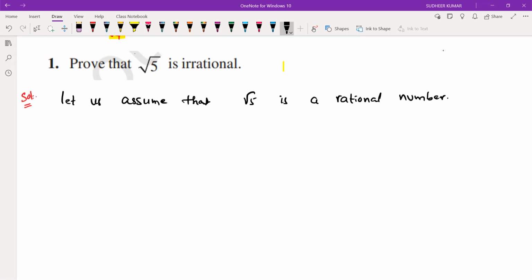When root 5 is a rational number, we know that the general form of a rational number is p by q. So root 5, we can write it as p by q, where q not equal to 0, and p and q are co-primes.